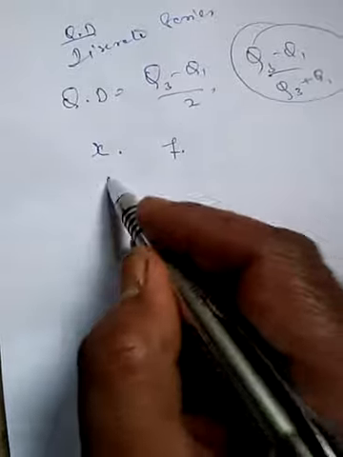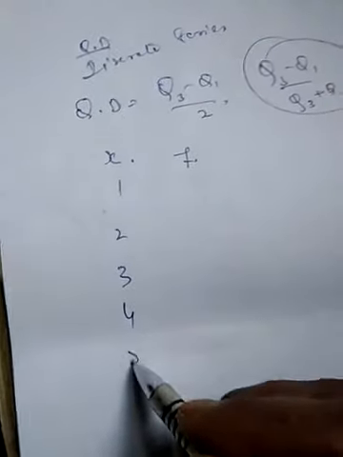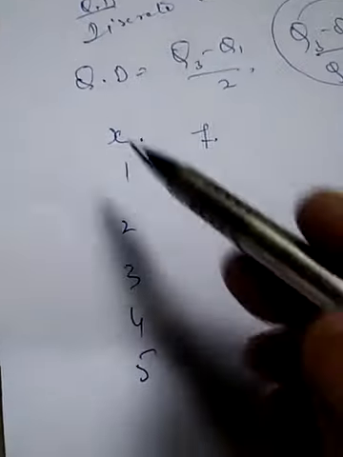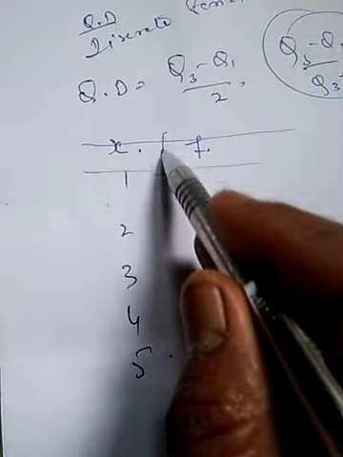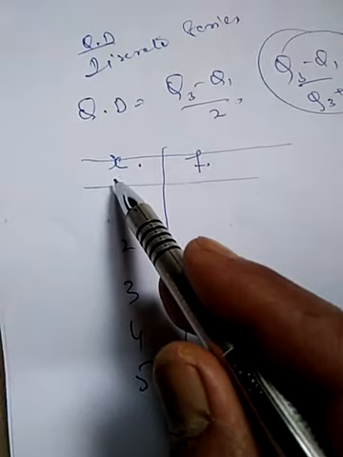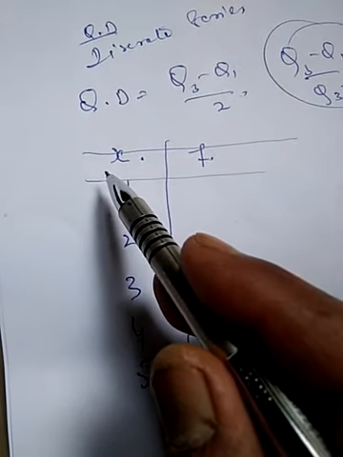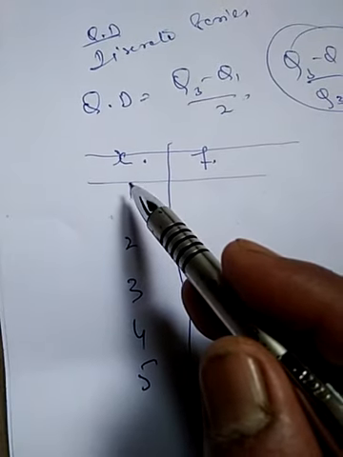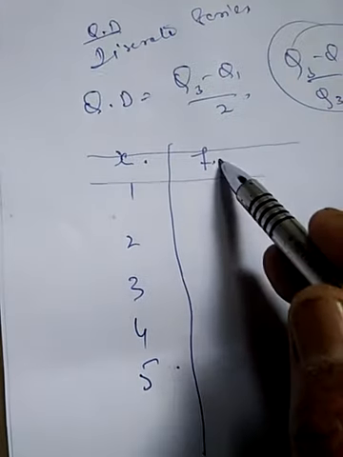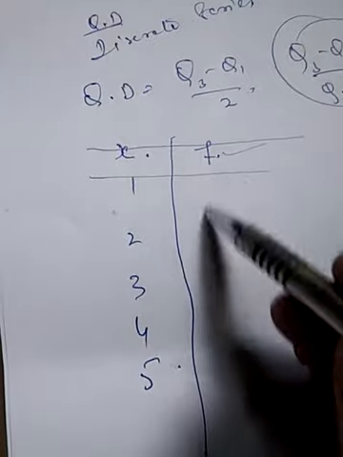Same method is used, but the difference is that you have for the given series X, F, like this. Suppose this is our discrete series. Let it be wages, marks, or anything else, number of workers. This is the number of workers or students.